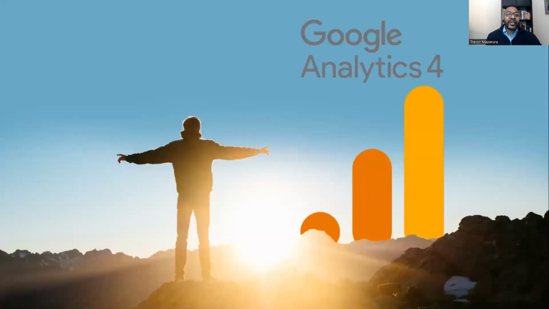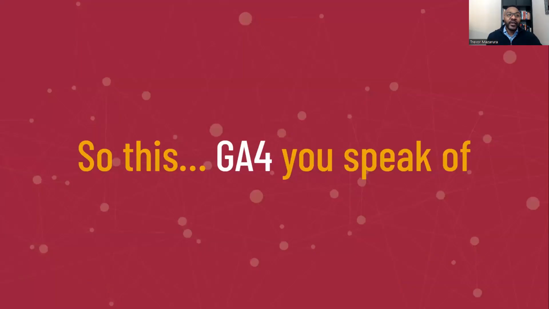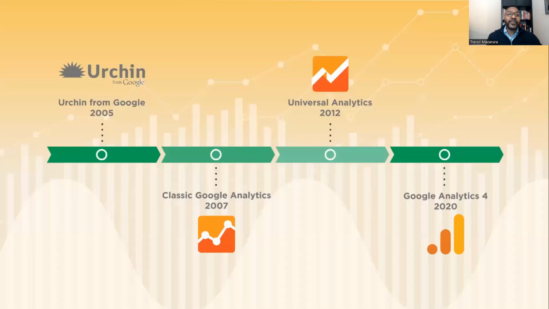With the sunsetting of Universal Analytics, we're welcoming GA4, Google Analytics 4. As you can see, beautiful sunrise, new beginnings, a brighter future ahead. So this GA4 you speak of. Before we go into what GA4 is, let's take a journey back down memory lane to the beginnings of Google Analytics.